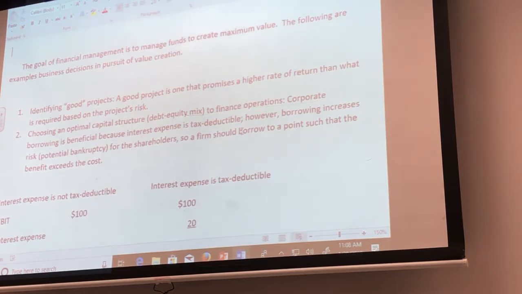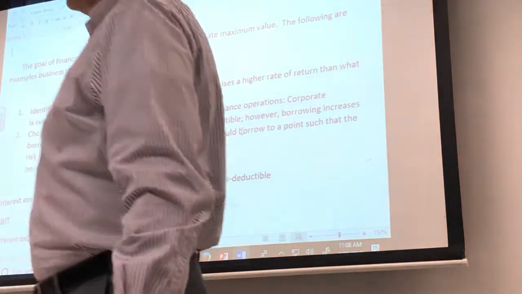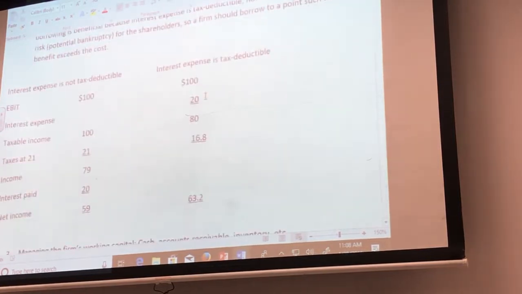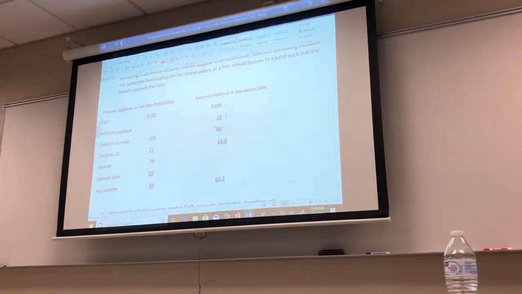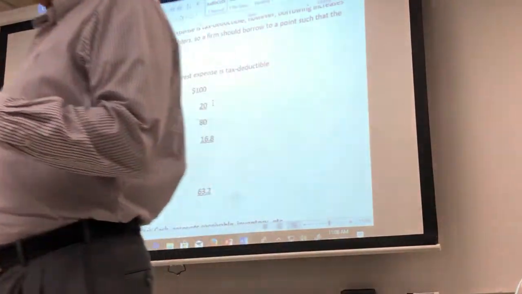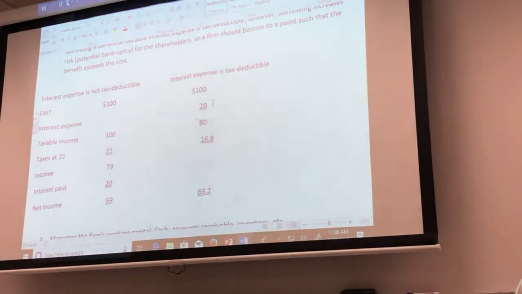Okay, why? Because we are talking about a trade-off here, and here I think I use the same numbers I used last time, but it doesn't matter as long as the example is clear to you. So there is one big benefit when a corporation borrows money, and the benefit is interest expense is tax deductible.